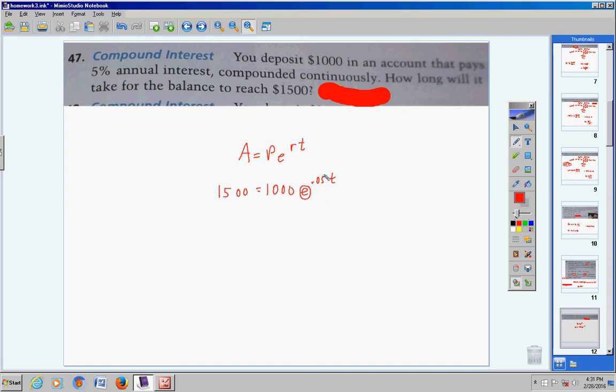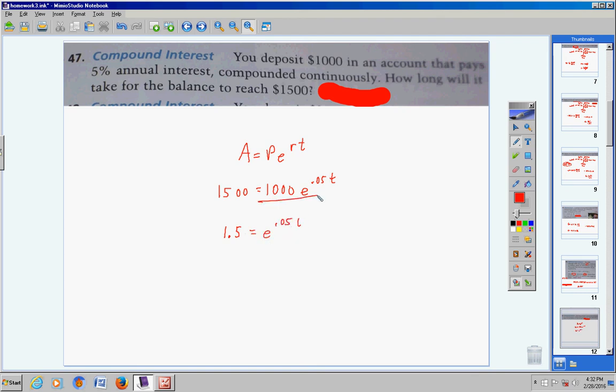You determine the exponent, there's the exponent. And you get all that by itself. That's step 1. So we must divide both sides by 1,000 first to get this all by itself. So if you divide both sides by 1,000, you get 3 over 2, or exactly 1.5, equals e to the 0.05t.